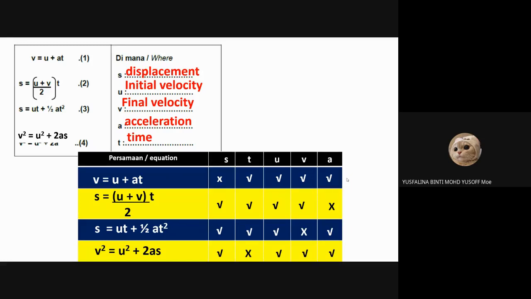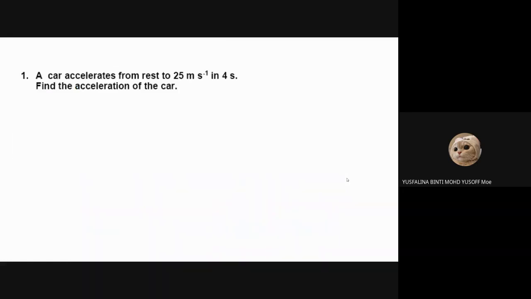So let's try to answer a few questions. I answer the first one first. They said the car accelerates from rest, so the initial velocity U is 0. From rest to 25 meters per second, so 25 is V, in 4 seconds. The question asks you to find the acceleration.